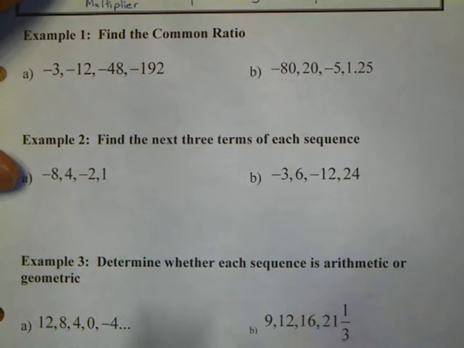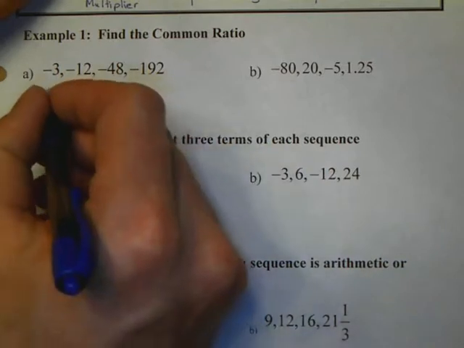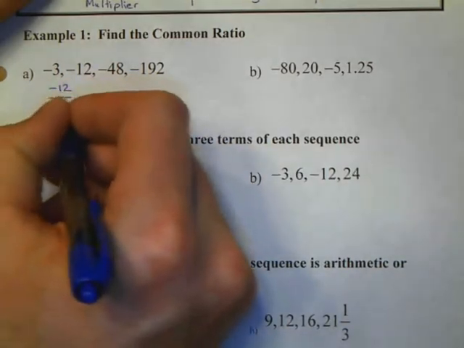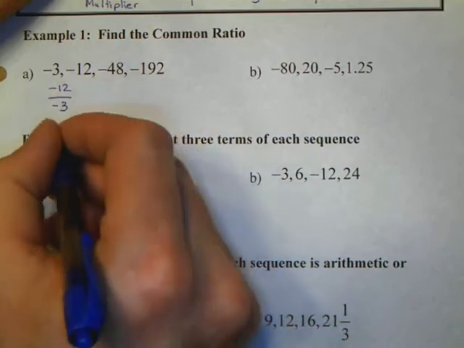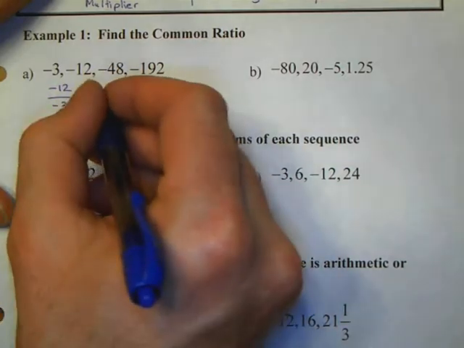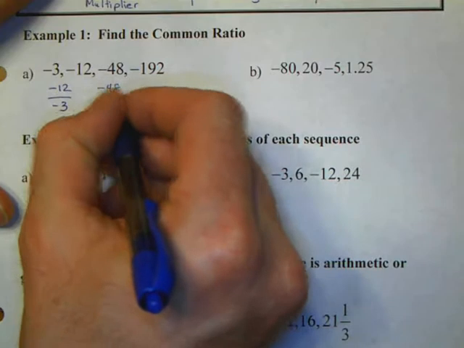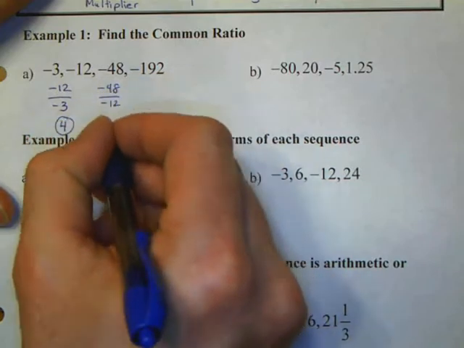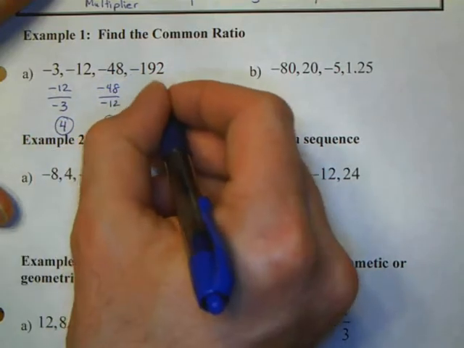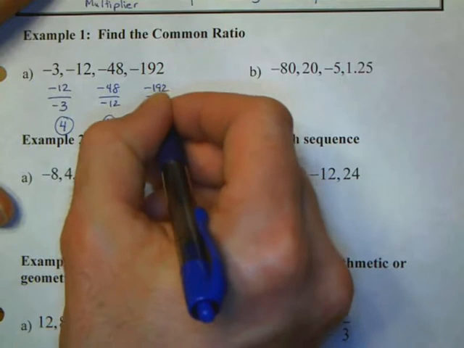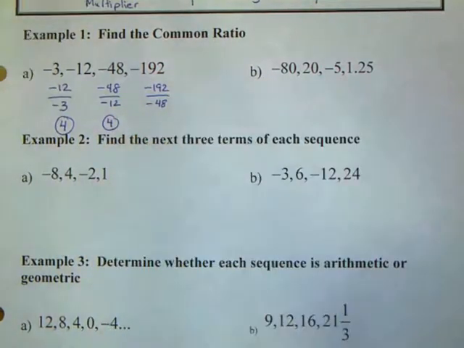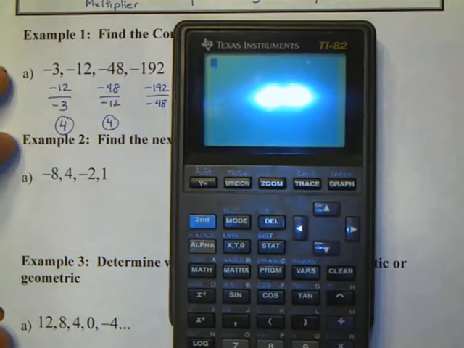Negative 192 divided by negative 48. Now we need to check all three, so here you may need to use a calculator. Put in negative 192 and divide it by negative 48, and once again, the answer is 4. So in all three of these cases, a geometric sequence is true, and the common ratio, or R, equals 4.